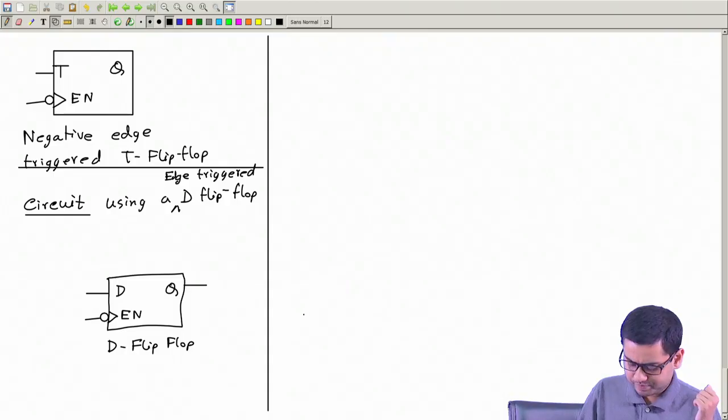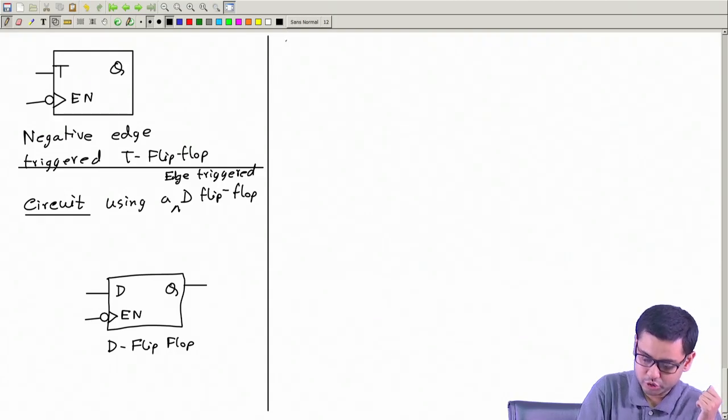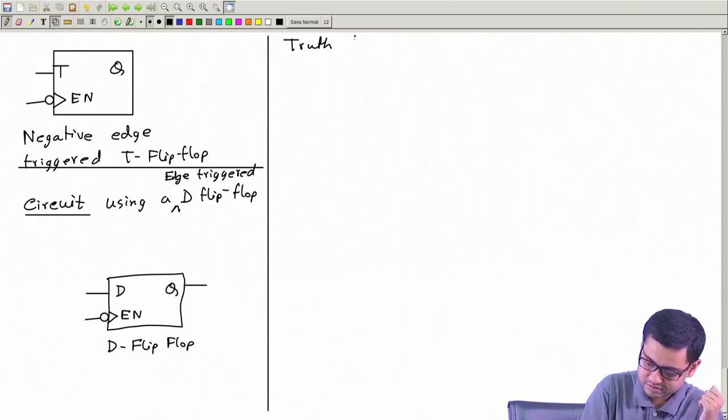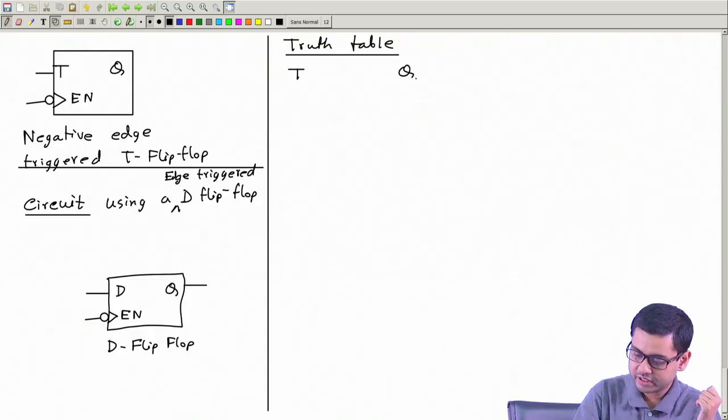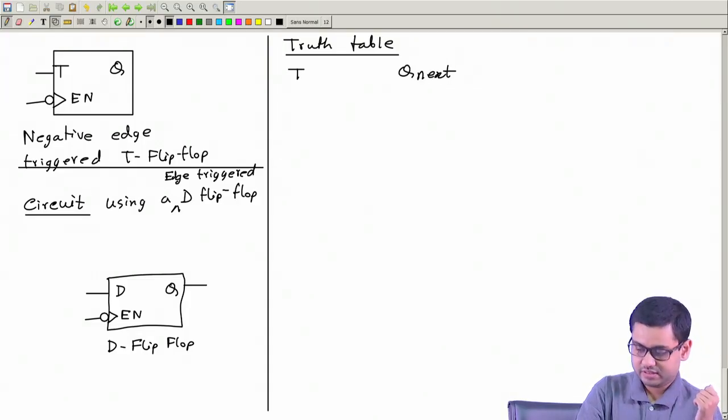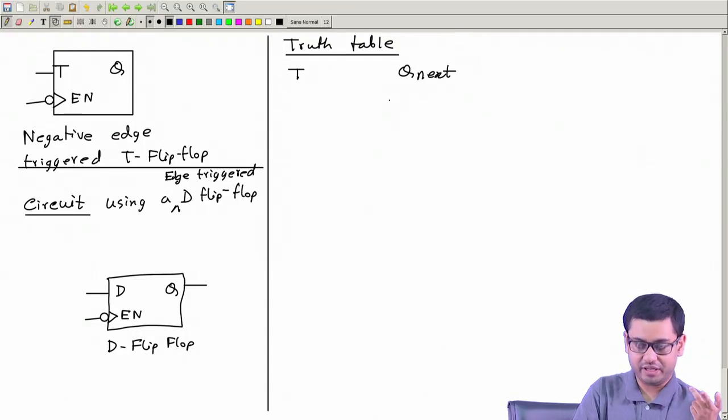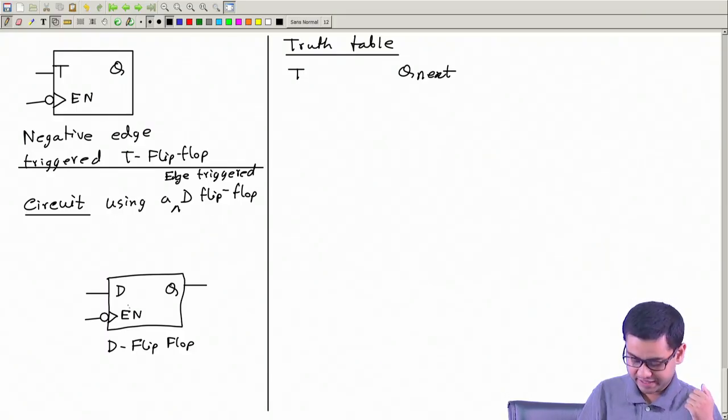For that you just observe this rule or truth table. Now the input is T, output is Q, or call it Q next, meaning at the next moment after the clock pulse or clock edge comes at enable.